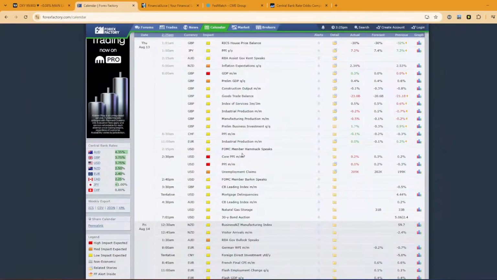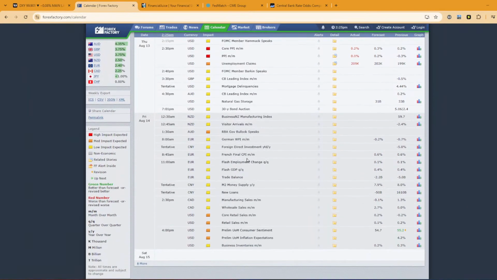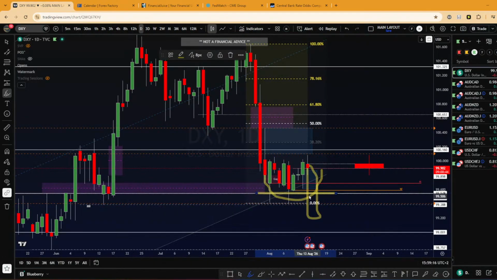But when I see the economic calendar, even tomorrow we have retail sales. This is not very impactful. I don't think we will get something which could break this low. So that's why I think this accumulation that we are seeing right now is just for buyers.